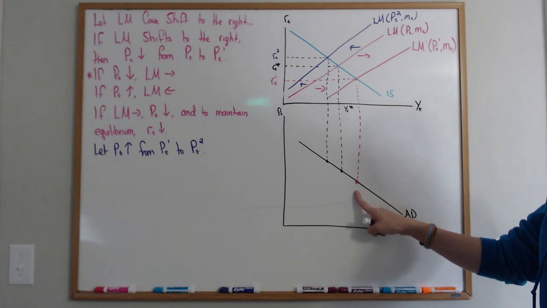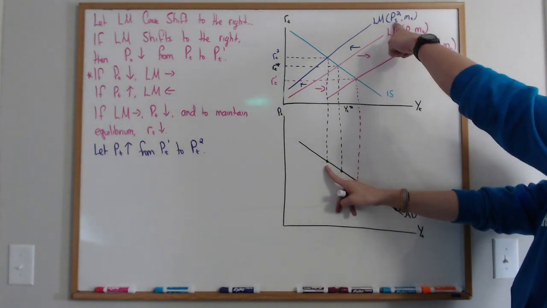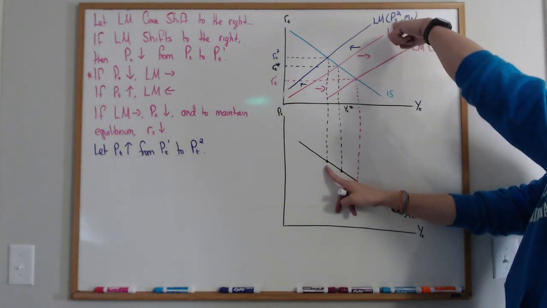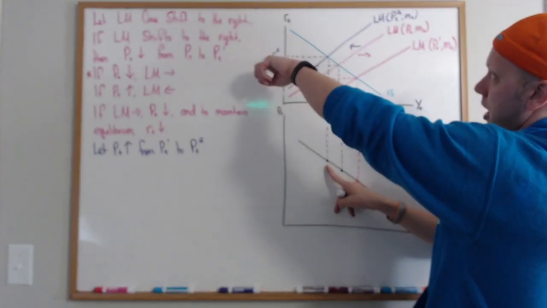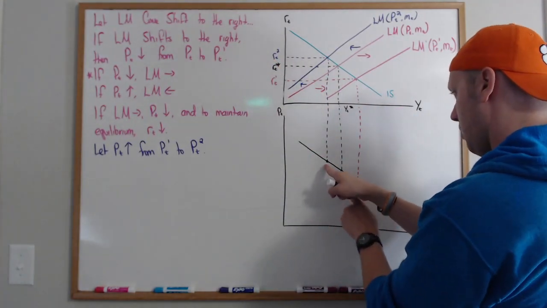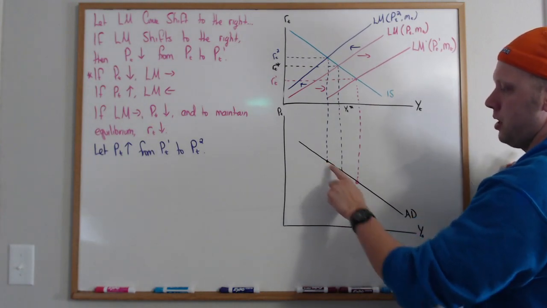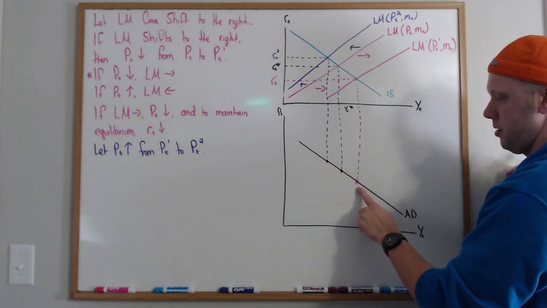Conversely, if the LM curve shifts in as a result of an increase in the price level, the real interest rate is going to go up. Price level is going to be going up because initially the price level changed. So with an increase in the price level and an increase in real interest rates, we're going to want less stuff. At a higher price, you don't want as much as you want at a lower price.